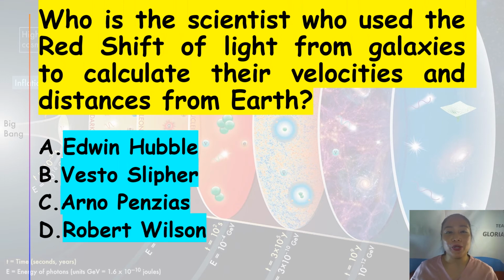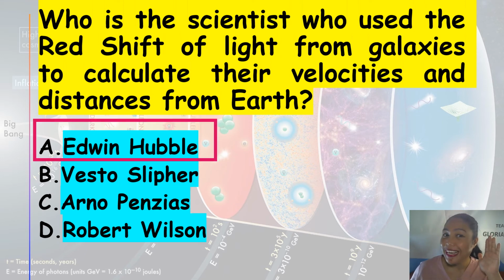D. Robert Wilson. Yes, it is Edwin Hubble. In 1929, Edwin Hubble used the redshift of light from galaxies to calculate their velocities and distances from the Earth. He then discovered that the galaxies were moving away from the Earth and from each other.